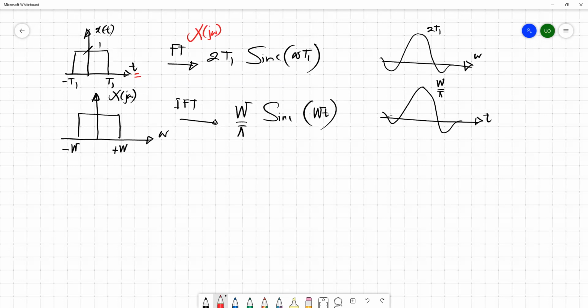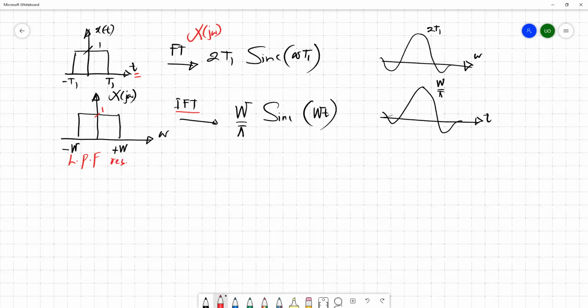Then just a couple of slides before, we discussed the inverse Fourier transform. We discussed one example for this inverse Fourier transform. There we considered a signal in the frequency domain, which is a rectangular pulse with a magnitude of 1. We explained that this is a low pass filter response.